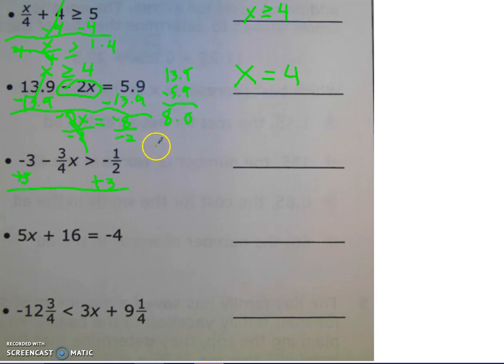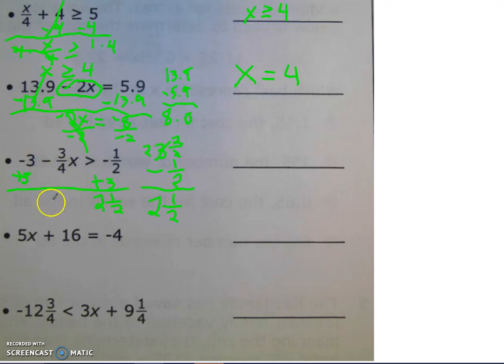So I'm going to have to do 3 minus 1/2. I'm going to have to borrow from the 3. Make it 2 and 2/2. 2/2 minus 1/2 is 1/2. Bring down the 2. So I have 2.5.